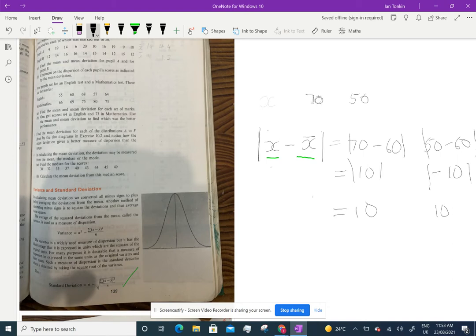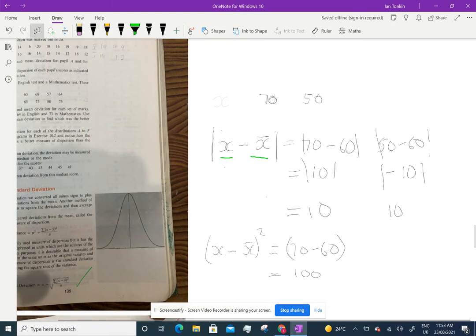The other way to get rid of that negative is to square. So here I get 70 minus 60, I get 10 and I'd square it, so I get 100. And over here, I get the same thing because negative 10 squared is 100. And that would get rid of the negative sign.